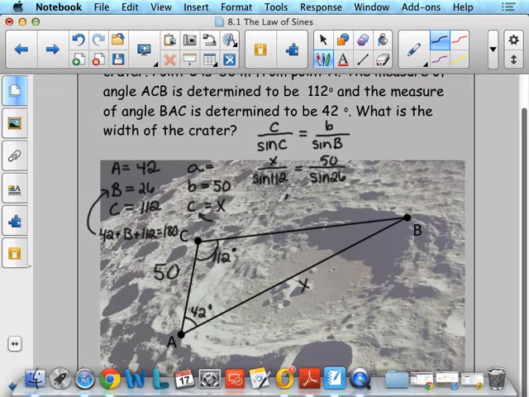Cross multiply and divide, you should get X as 105.7 meters.